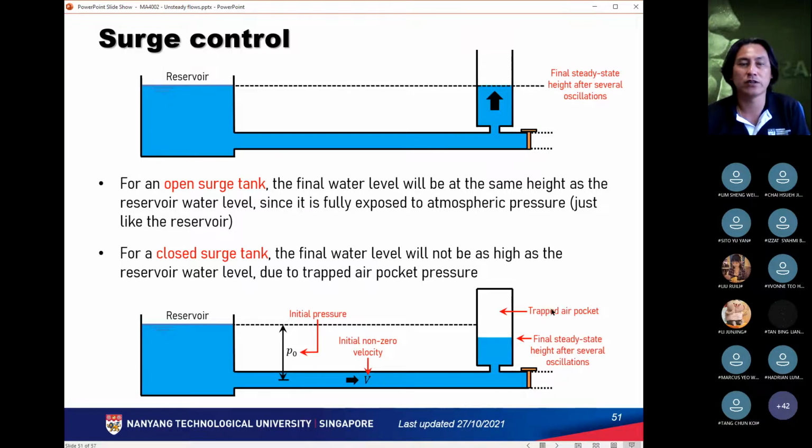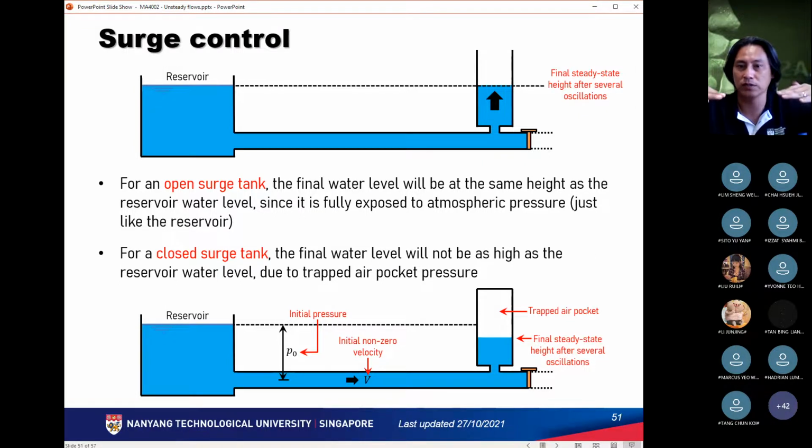The good thing about a closed surge tank is that as the water level goes up and comes down, the air gets compressed and decompressed. This will dissipate the energy that the water in the surge tank may have, and the pressurized air acts to put a cap on the amount of water that can go into the surge tank because it's going to be pressurized.